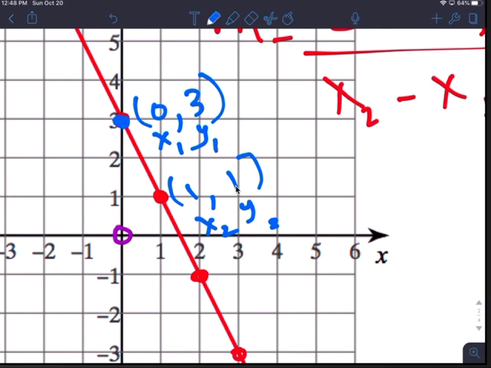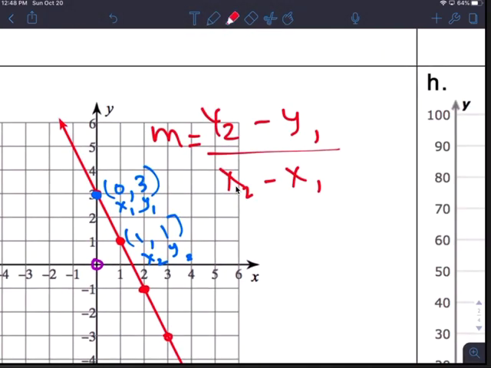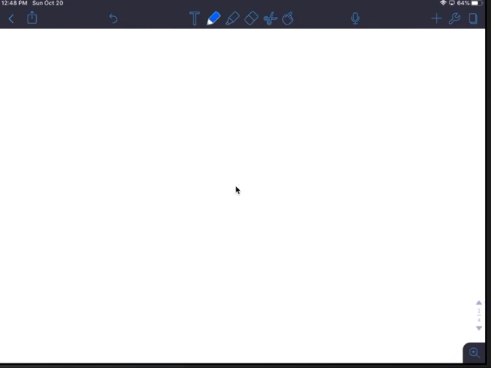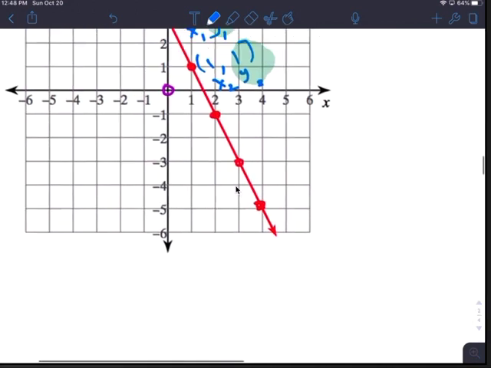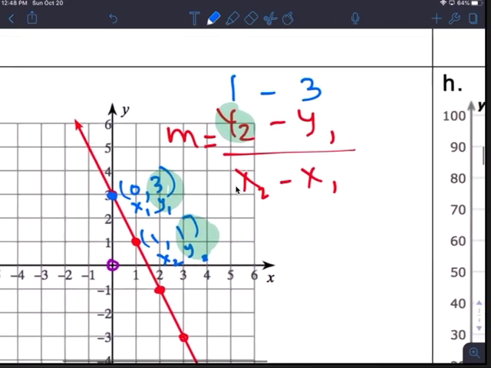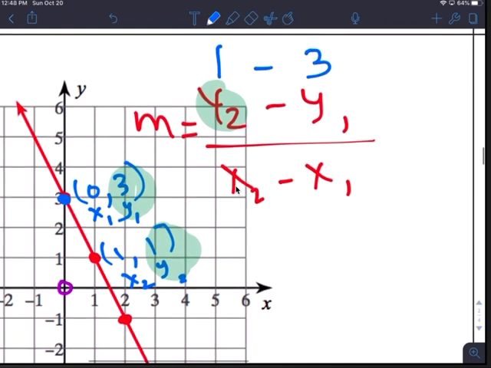So y sub 2, here's y sub 2, you put 1 there, minus y sub 1, 3, over x sub 2, 1, minus 0.